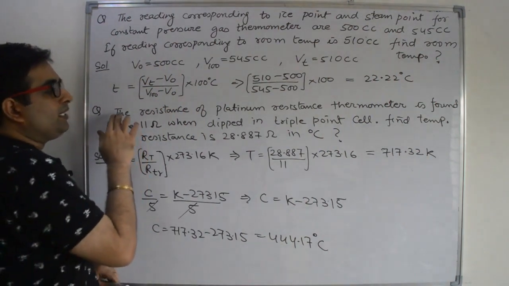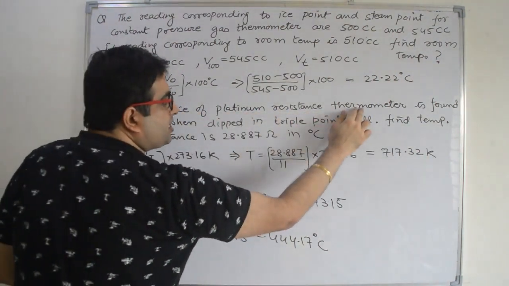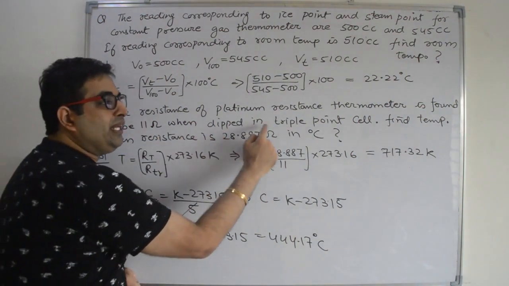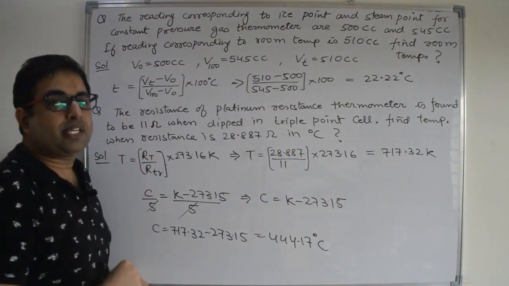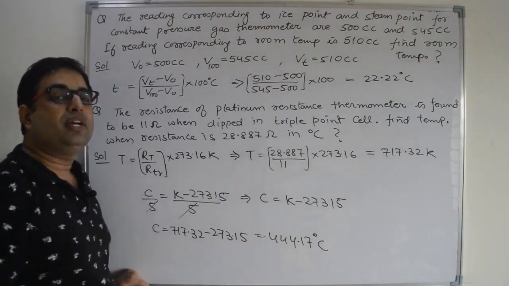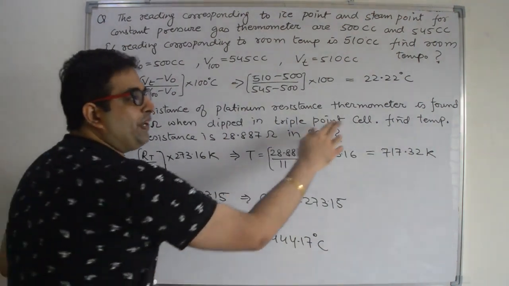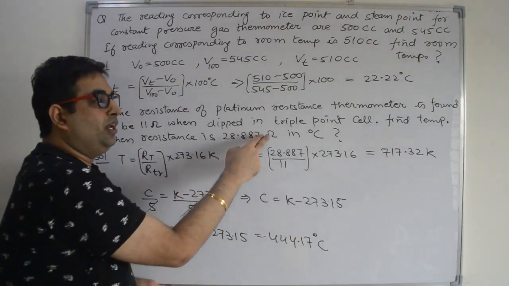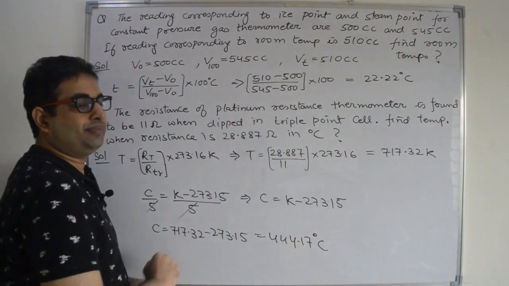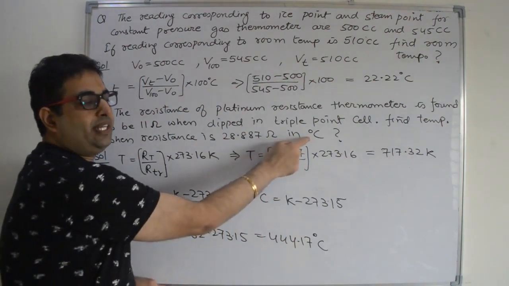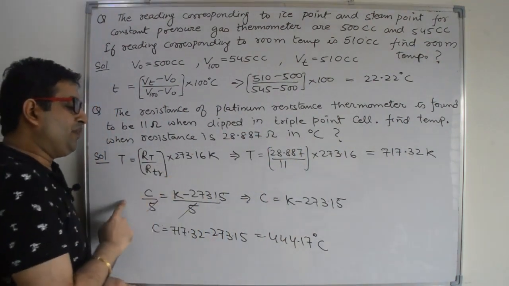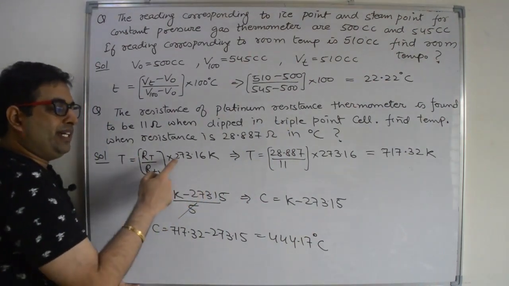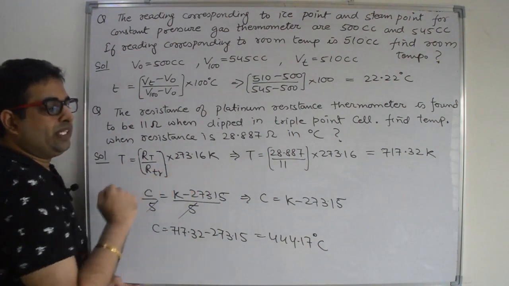Second problem, the resistance of a platinum resistance thermometer is found to be 11 ohm when dipped in triple point, so this problem is related with the triple point or modern thermometry. Find temperature when resistance is 28.887 ohm in degrees Celsius, right? We have to find out the answer in degrees Celsius. So the triple point formula is T Kelvin equals RT divided by RTR into 273.16.